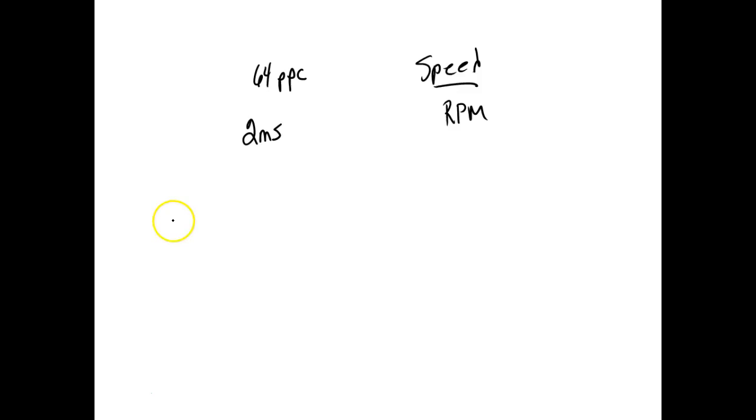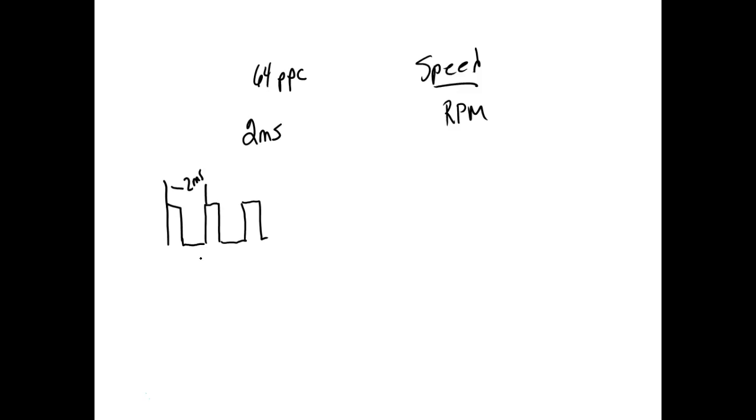So this is what we call the period. If I was measuring the pulses coming off this encoder, the time here would be 2 milliseconds. What would be the speed?